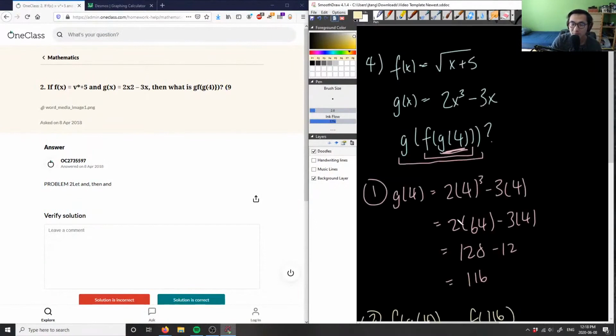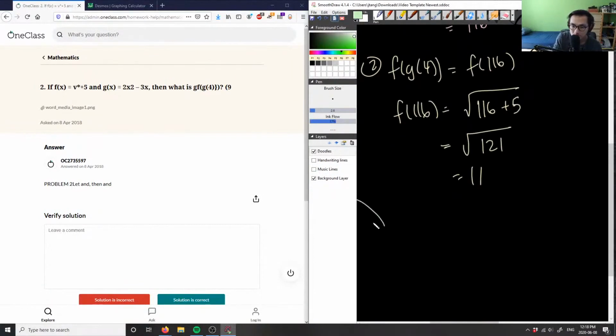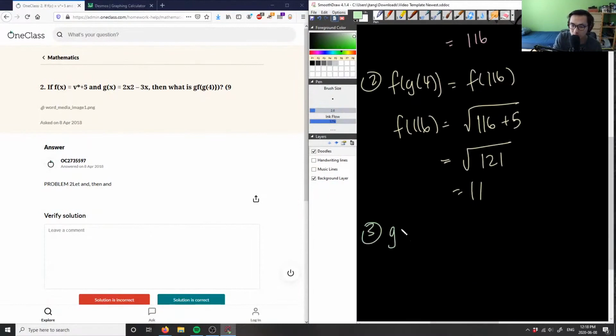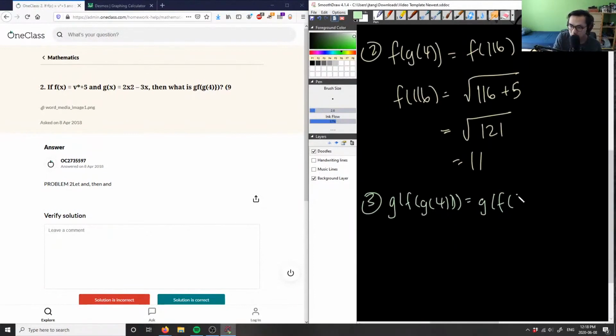So now what I finally have to do is find, okay, what's g of f of g of 4, right? And this is going to be our last step of the problem here. So g of f of g at 4 is going to equal g of f at 116, which is going to equal, and I know the f of 116, as we solved here, is simply g at 11, right?